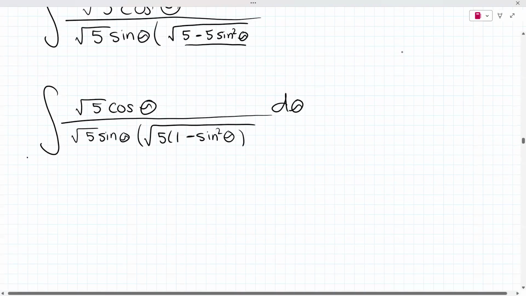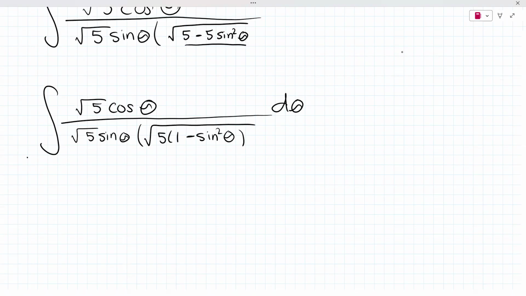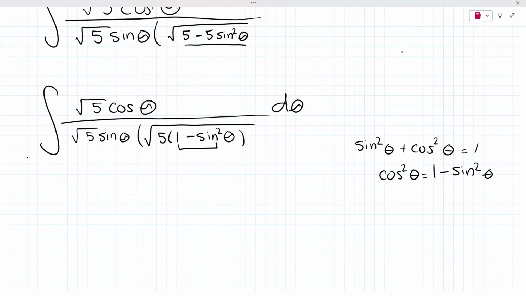Let's see here. So yeah, you could take out this 5. So now square root of 5. And 1 minus sine square theta is an identity. It's one of your trig Pythagorean identities, right? So I guess you can replace 1 minus sine square theta with cosine square theta.